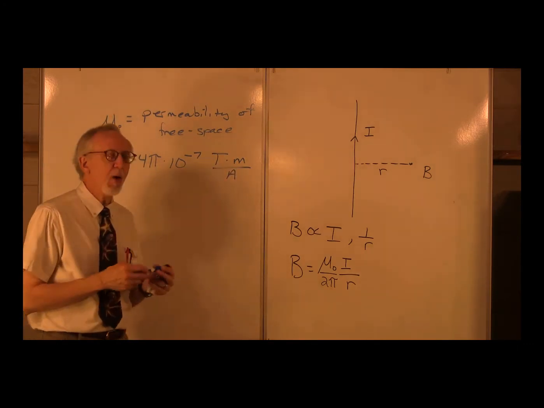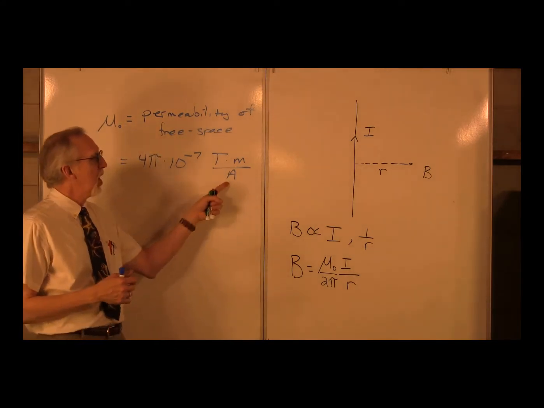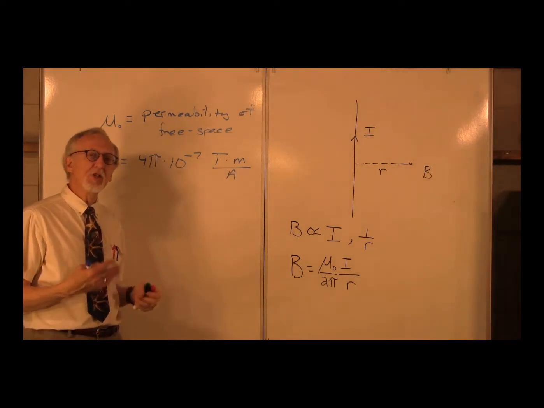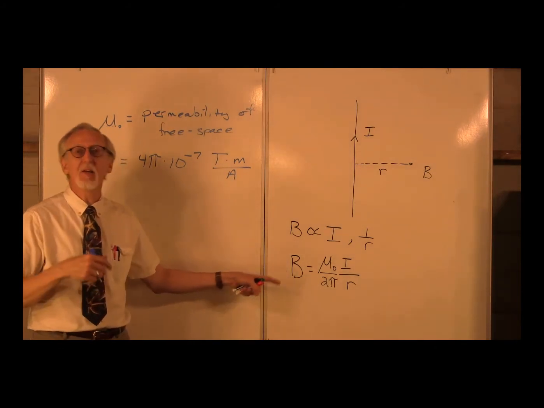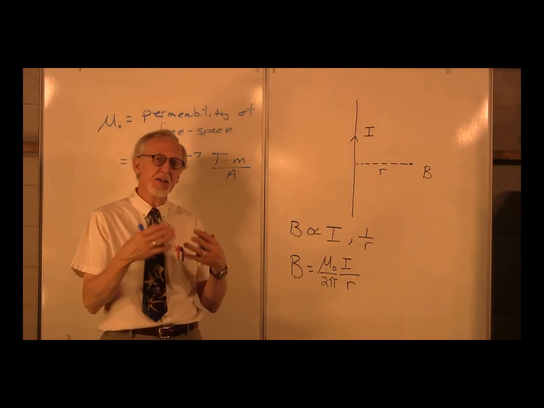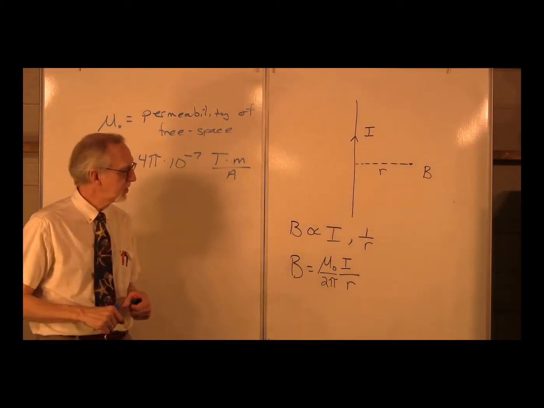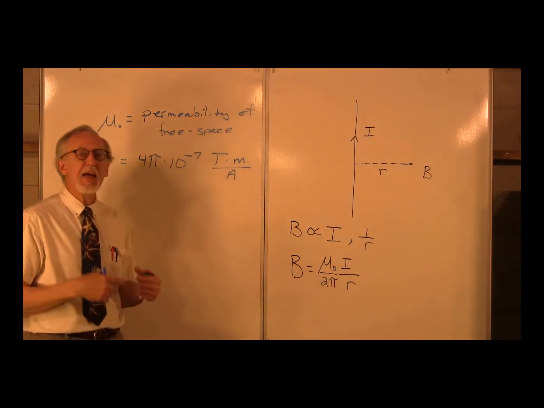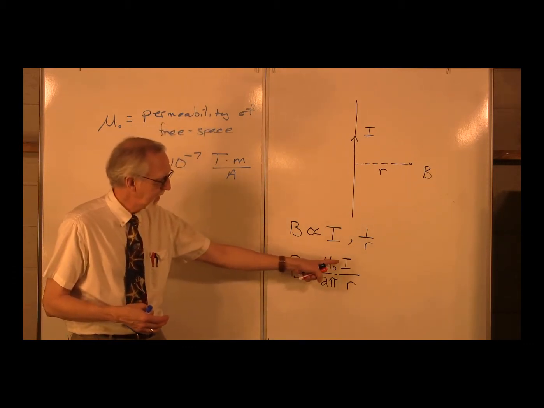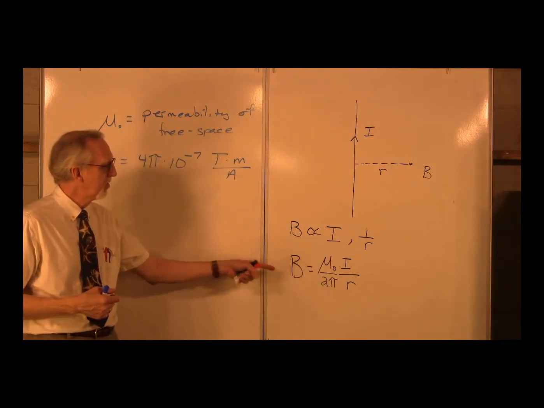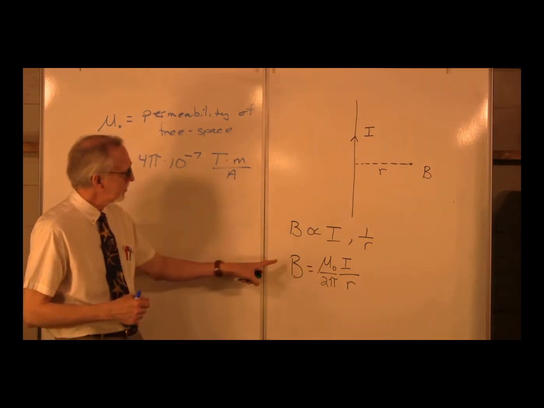It's essentially a way of defining what an amp is, what a certain measure of a current is, in terms of the magnetic field. And remember, the magnetic field we have defined in terms of newtons and charges. So it's a way of defining how much an amp is in terms of those magnetic fields.